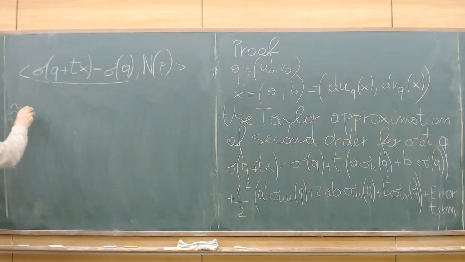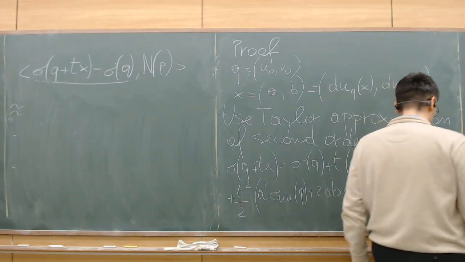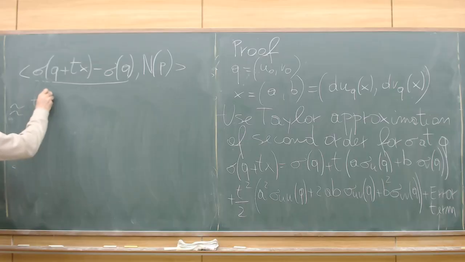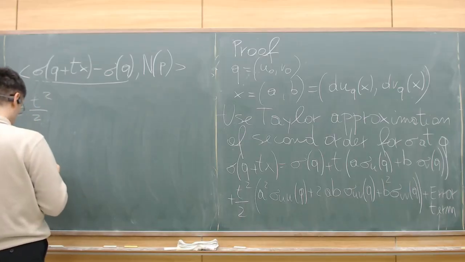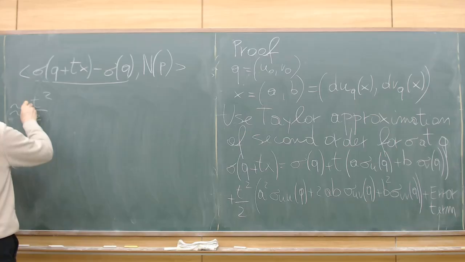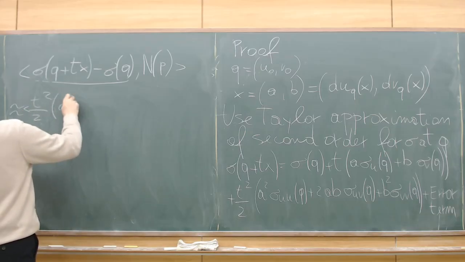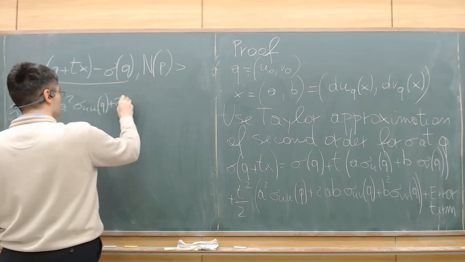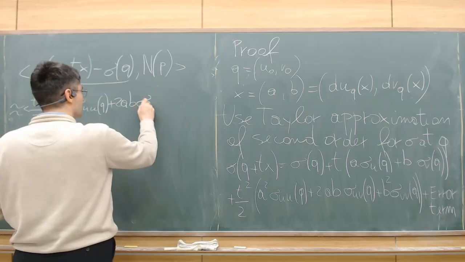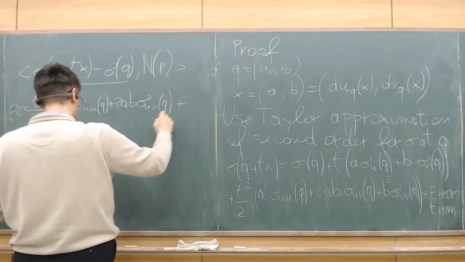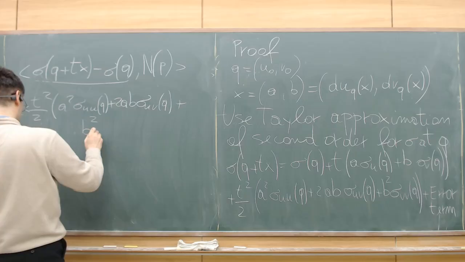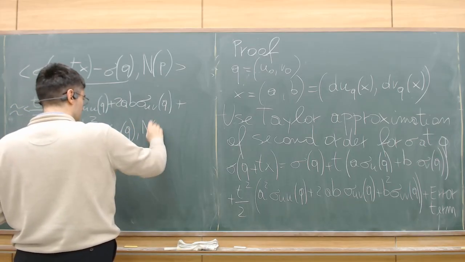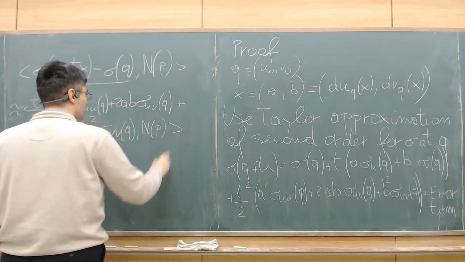If we drop the error term, we get only t squared over 2 (a squared sigma_uu(Q) plus 2ab sigma_uv(Q) plus b squared sigma_vv(Q)) times N(P).